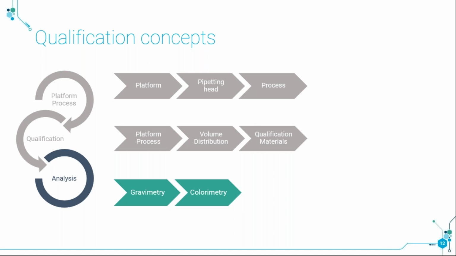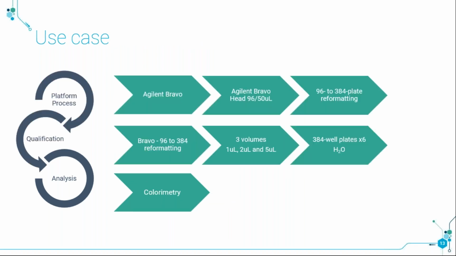For today, if I take the use case I'm going to present, and fill the boxes with it, the platform will be the Agilent Bravo. The pipetting head is a 96 pipetting head from Agilent. The process is the reformatting from 96 to 384 well plates. So this is my platform process, and I call it Bravo 96, etc. I'm going to use three different volumes, 1, 2, and 5 microliters.